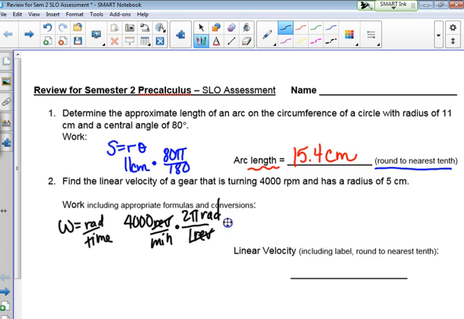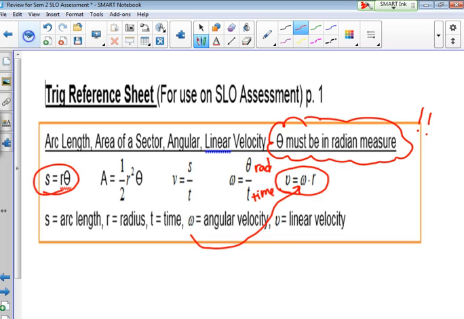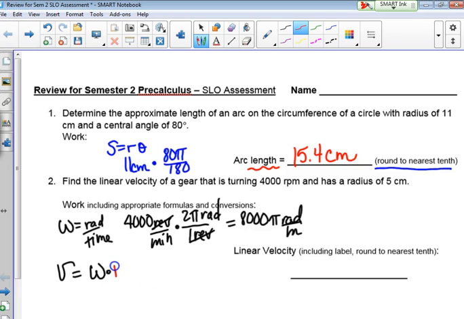Then we'll have, and I'm not going to bother, it's just going to be 8,000 pi radians per minute. And then to get linear, what does it say to do to that angular? Here's the slide again. Multiply it by the radius. So we're going to take that answer and multiply it by 5 centimeters. And then we're supposed to find it to the nearest tenth again, including a label.